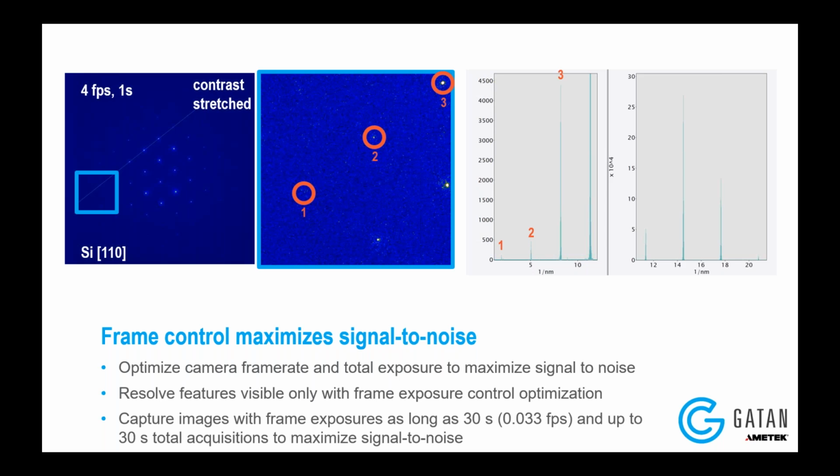So on top of that, once you figure out a good frame rate and minimization of the background noise, you can then just extend your capture time to improve the total signal in each diffraction spot. And that's how we can maximize the signal to noise in our imaging data and also our diffraction data. And with the camera, you can acquire frame exposures as long as 30 seconds, meaning that your frame rate can be as low as 1/30th of a frame per second.